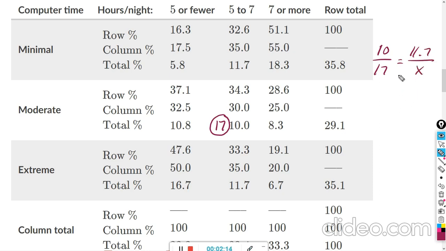All right. So cross multiplying, 10 times X equals 17 times 11.7. Okay, and dividing both sides by 10, the 10s cancel, and I will do this on the calculator.